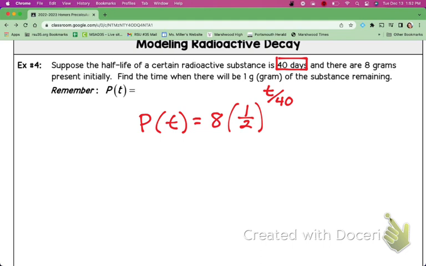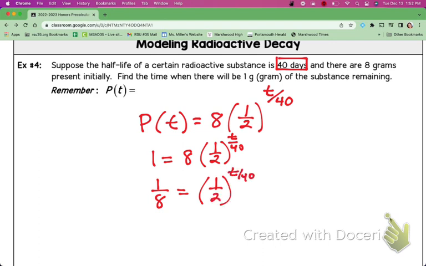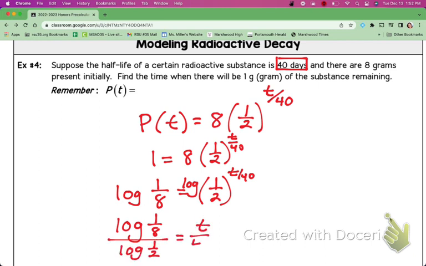Okay, and then we need to get to 1 gram. So I'm going to plug in 1 on the left side. So 1 is equal to (1/2)^(T/40), which is the same as 1/8 equals (1/2)^(T/40). Take a log. You could take a natural log on both sides too. You would get the same answers if you did a natural log on both. So on our calculator, we're going to do a log of 1/8 divided by a log of 1/2 is equal to T over 40.